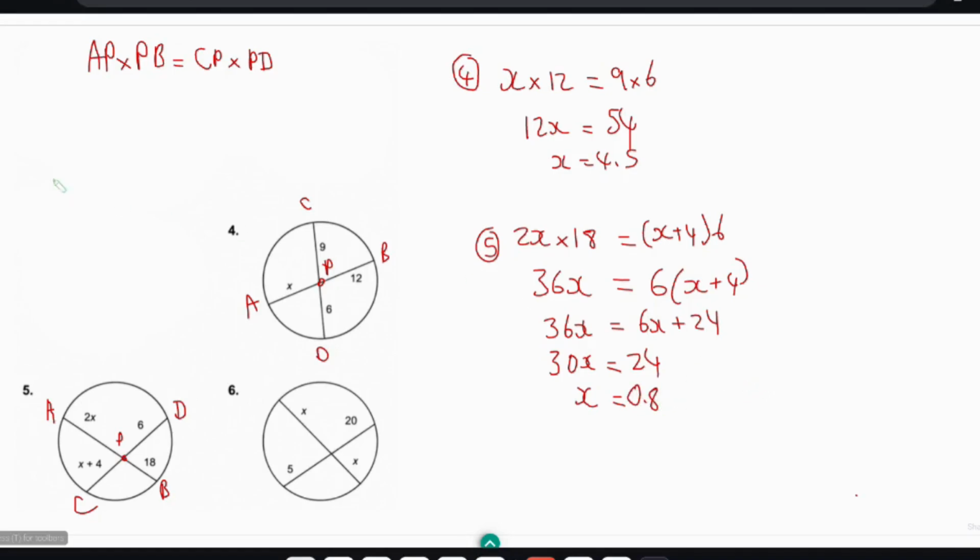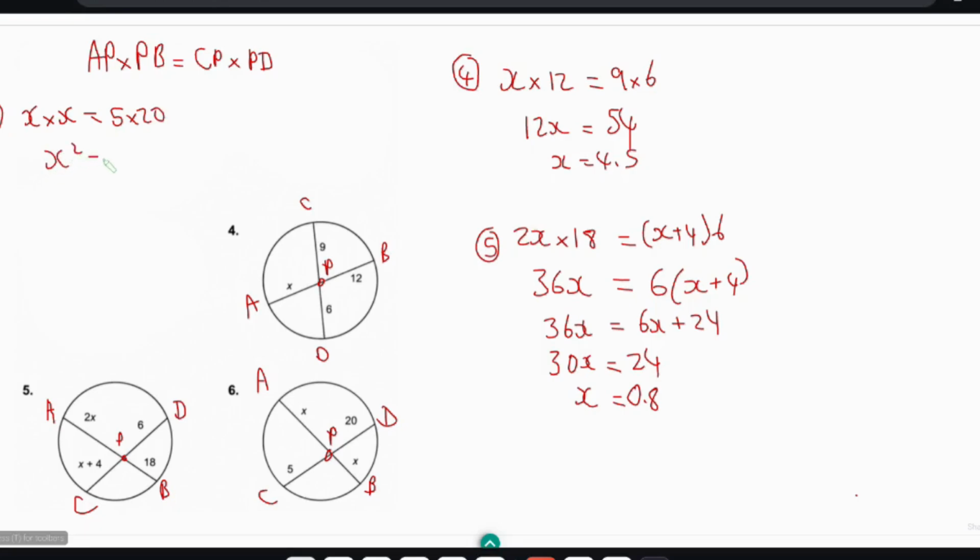And number 6, x times x. So let's just label up. We've got P, A, B, C, D. So we have x times x is equal to 5 times 20.